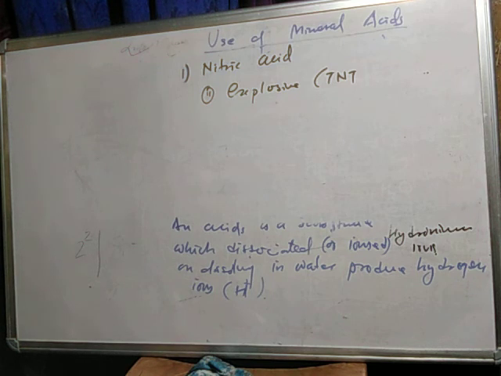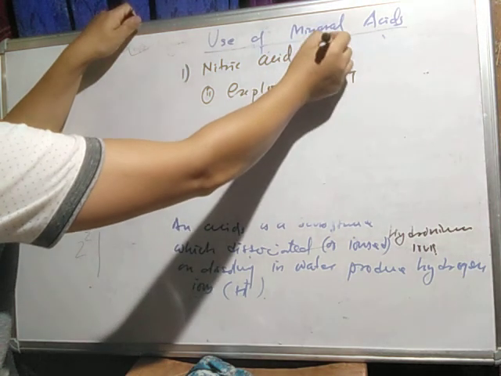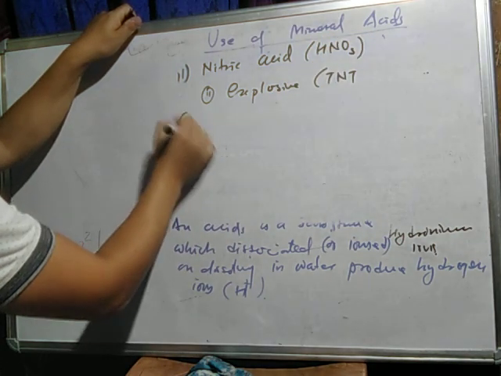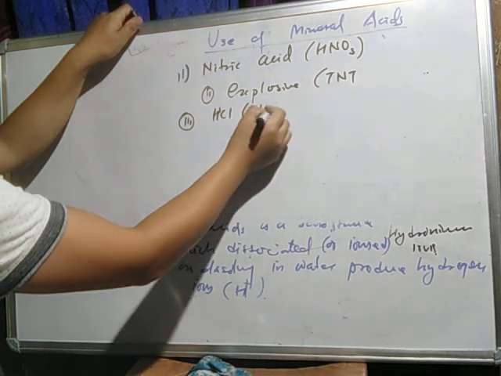So nitric acid is your HNO3. Next one is your hydrochloric acid, you know, HCl.